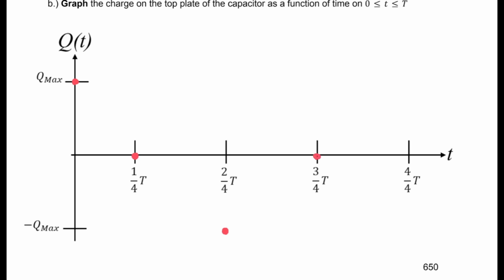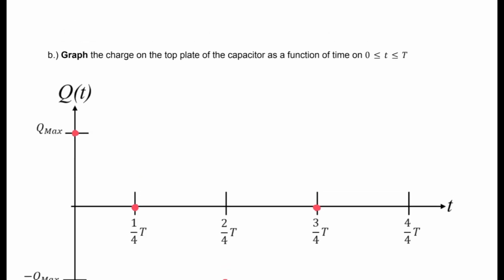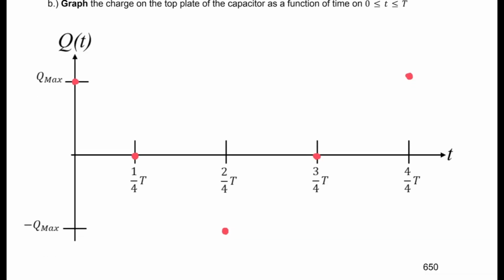Then it was fully discharged a quarter cycle later. And then another quarter cycle later, it returned to its original value. Now we can have an idea as to what shape to connect this with, because we see there's something that's repeating in a cycle. A decent guess for this would be that it's some sort of sine or cosine function.